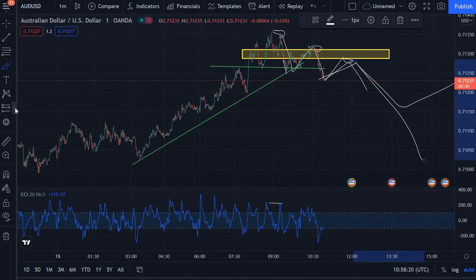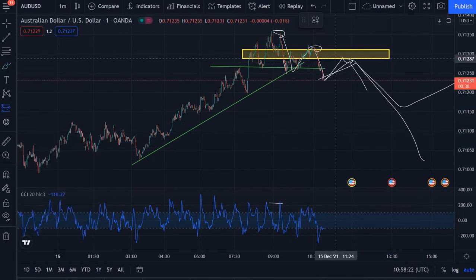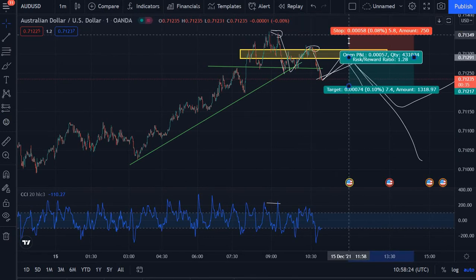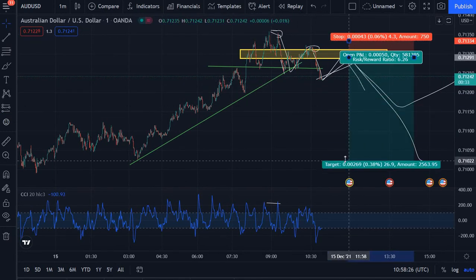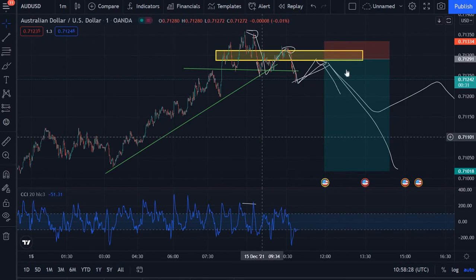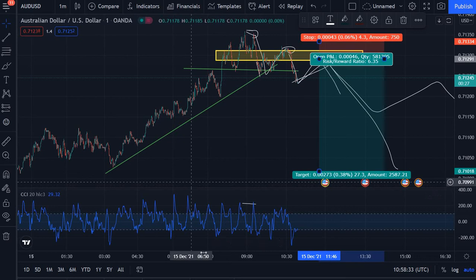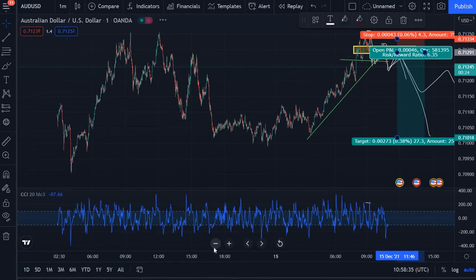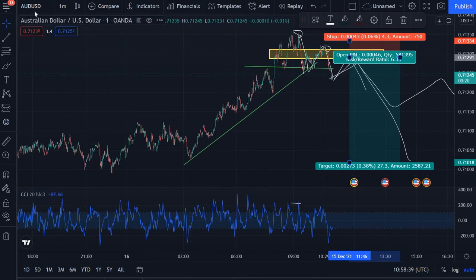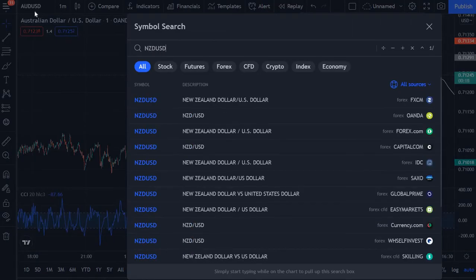So this is what the trade would look like, somewhere around here, all the way to here. So this is the forecast for the Australian USD. Now taking a look at the New Zealand USD.